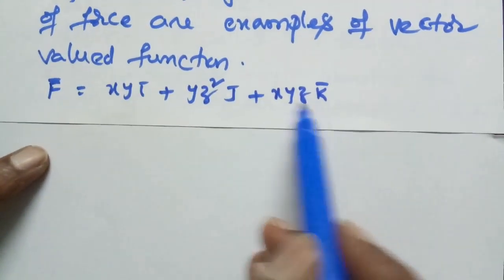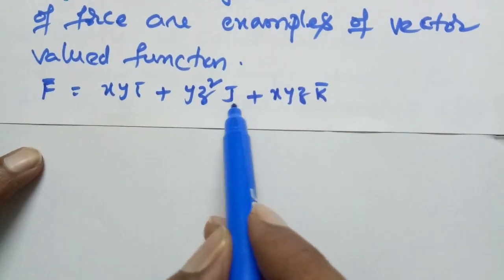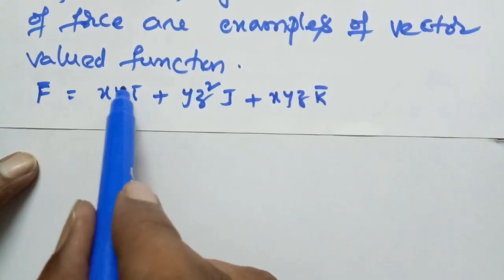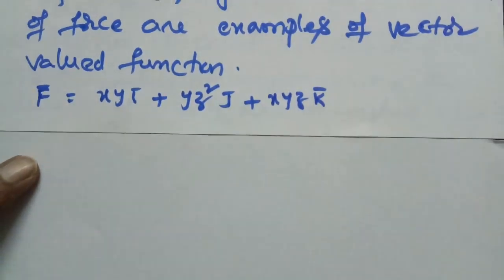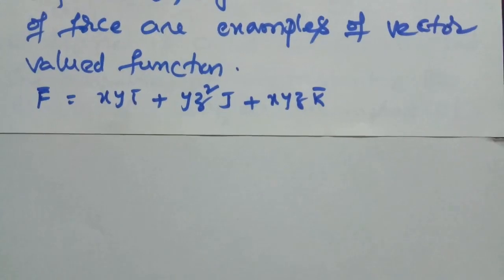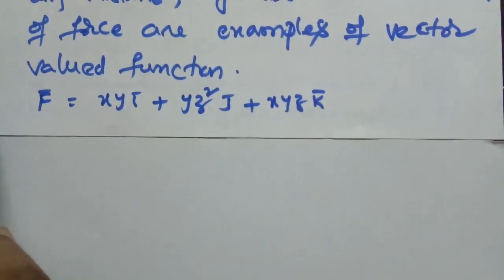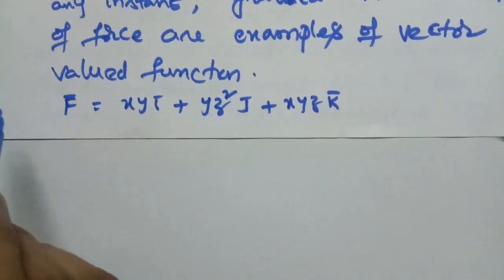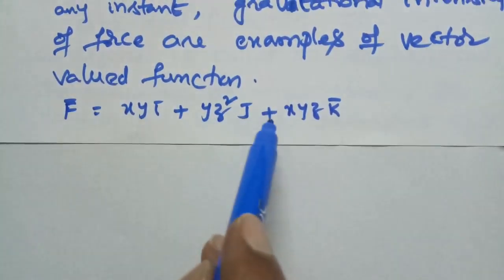Here i bar, j bar, k bar are the unit vectors along the x, y and z axes respectively. xy is the component of i bar, yz square is the component of j bar, xyz is the component of k bar. So for any point, for example, if you substitute x is equal to 0, y is equal to 1, z is equal to 1, we get one vector.